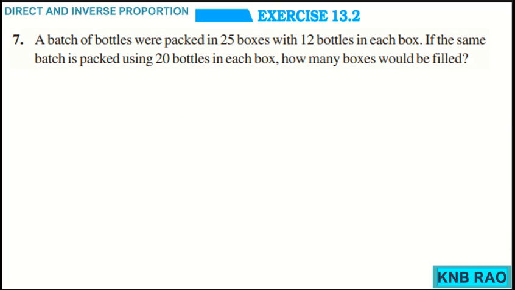Coming to question number 7. A batch of bottles were packed in 25 boxes with 12 bottles in each box. If the same batch is packed using 20 bottles in each box, how many boxes would be filled?